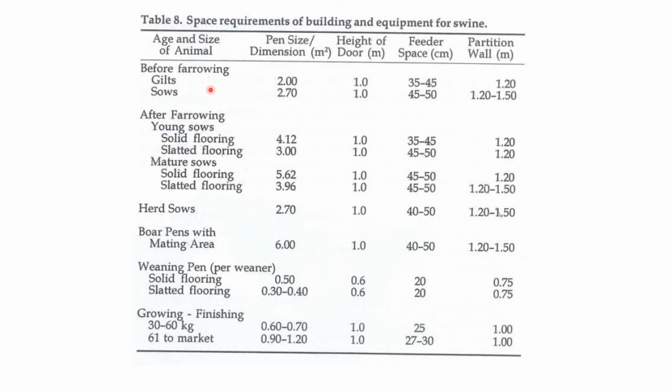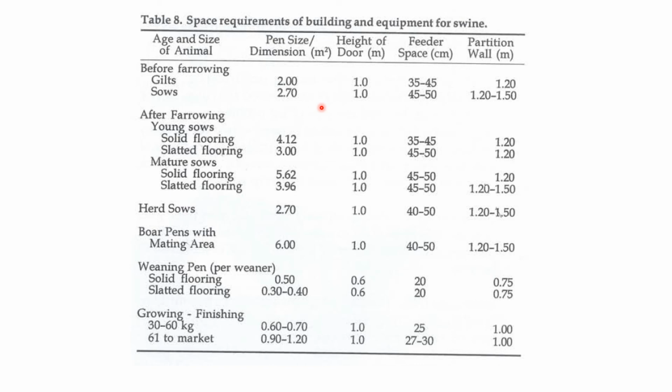For example, before farrowing, yung pen ng gilt is 2 meters square, while yung sow is nasa 2.70 meters square. So, bakit nga ba? Kasi yung gilt mas bata compared to the sow.